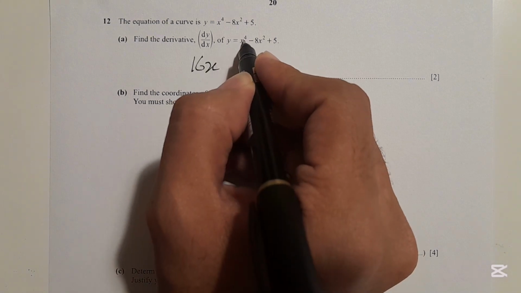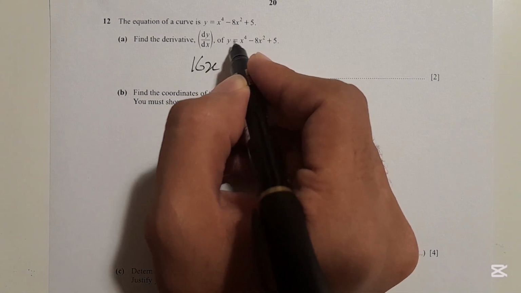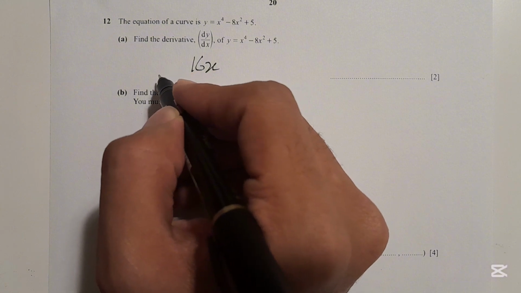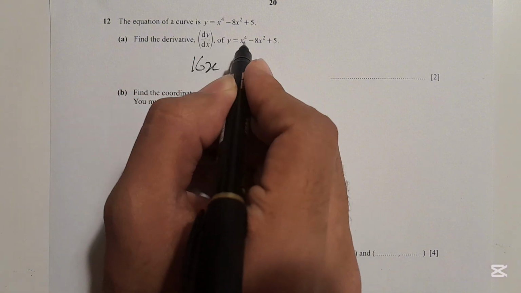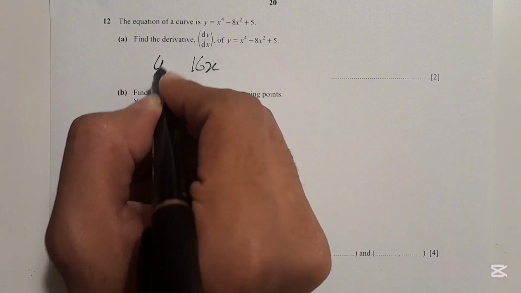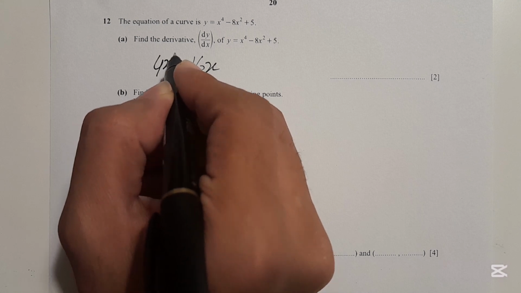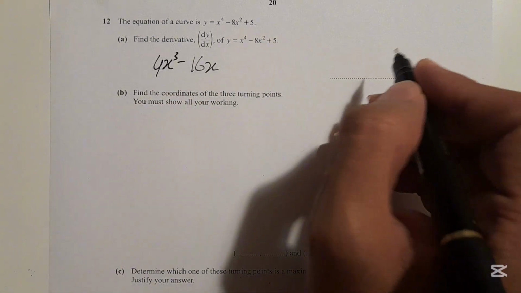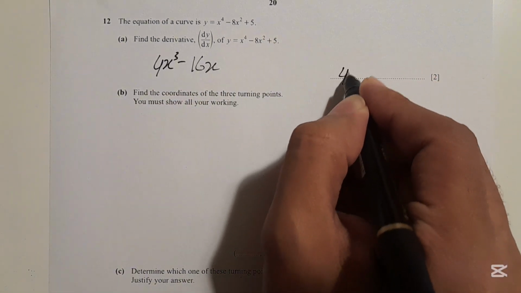And here we will write 4x cube. So 4x cube minus 16x will be the answer for part A.